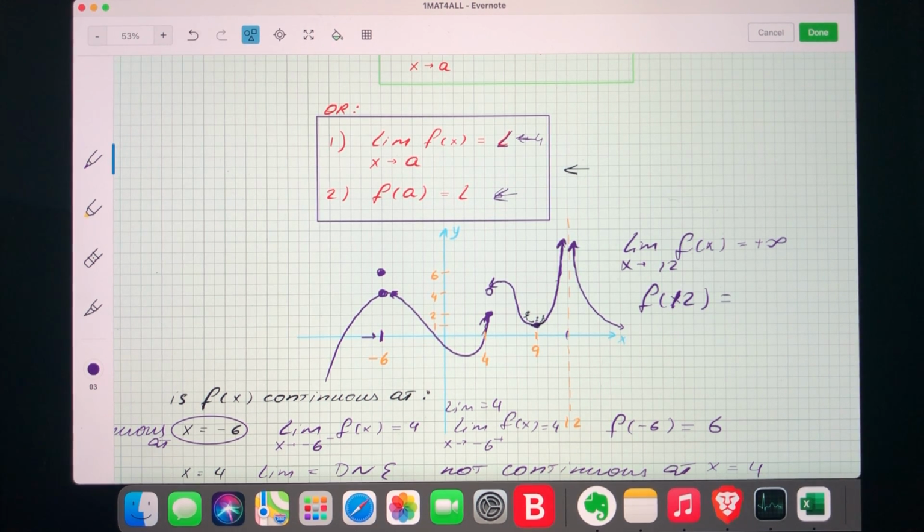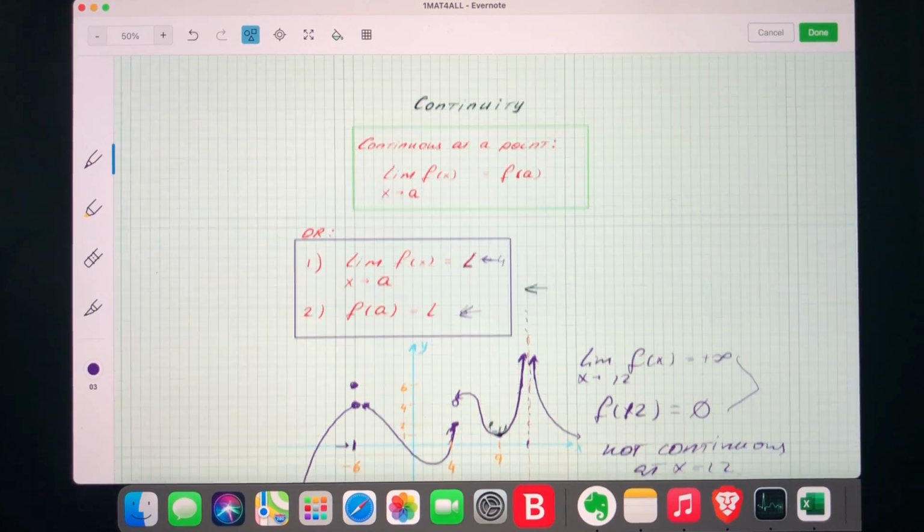That actually does not exist, because we have a vertical asymptote and there is no point, there is no height right in there. So these two are not the same. Once again, the function is not continuous at x equals 12. And that's what we mean by the continuity at a point.